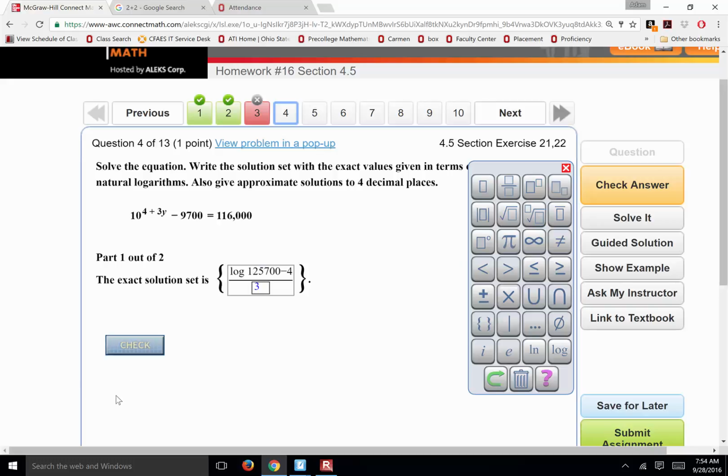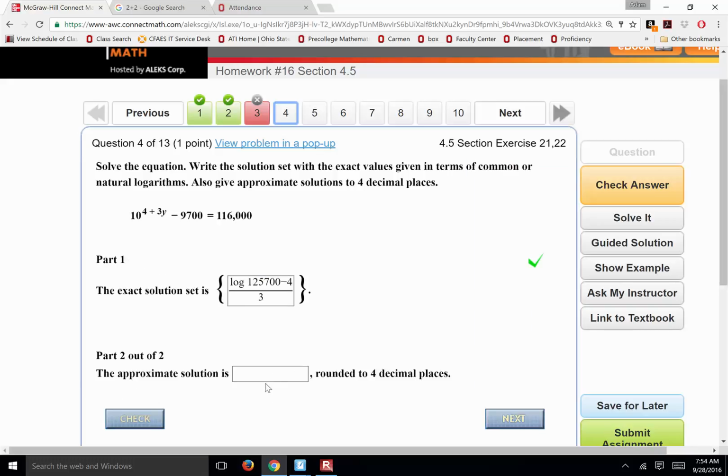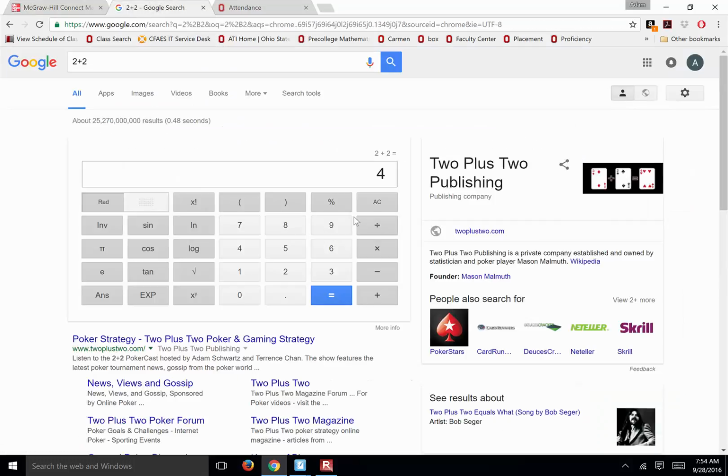Okay, this is what we're gonna enter here. And they will ask us to compute as much as we can this logarithm. And at this stage, all you need to do is key in this thing into your calculator.